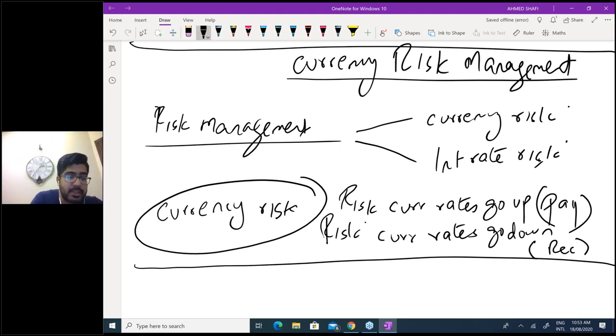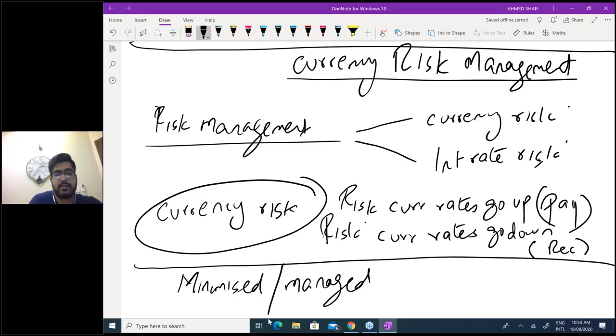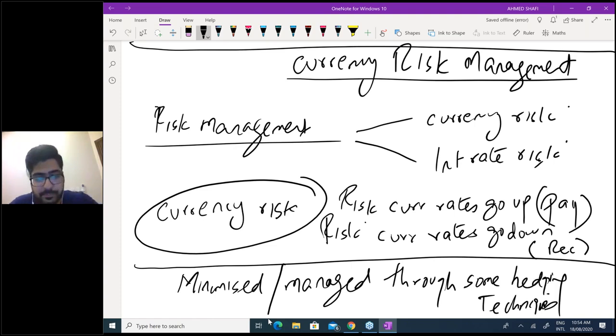However, this risk can be minimized or managed through some hedging techniques. One cannot prevent currency risk. It's a reality. It can only be minimized or managed.